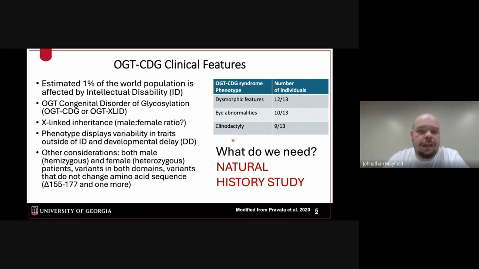Yeah, there's definitely a lot we have to learn. And right, the initial 5 that Nithya and Krithika characterized were all in male patients, and we saw that their mothers were unaffected. They had like 95 to 5 skewing, right? And then as we become aware of more people and more variants, we're definitely learning more.